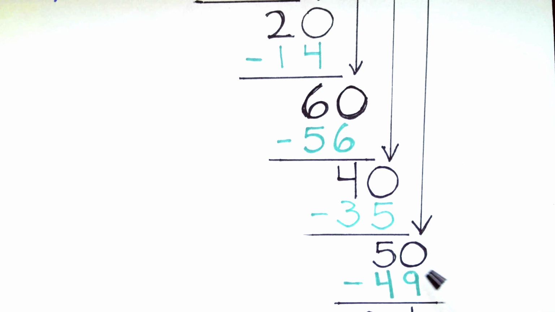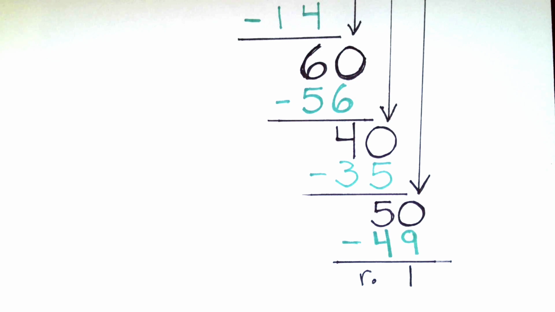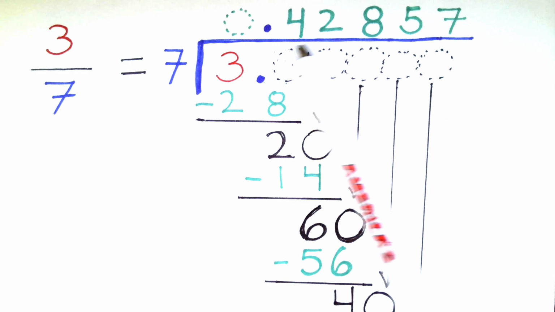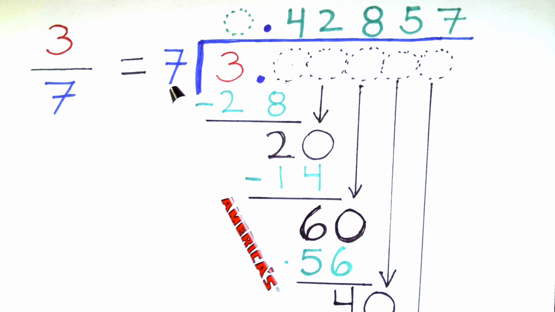You have your new target of 50. 7 times what number gets me closest to 50? 7 times 7 is 49. 50 minus 49 leaves me a remainder of 1. So there are the digits above the divisor bar. That last 7 times 7 gave me 49, and I subtracted 49 from 50, which left me a remainder of 1.